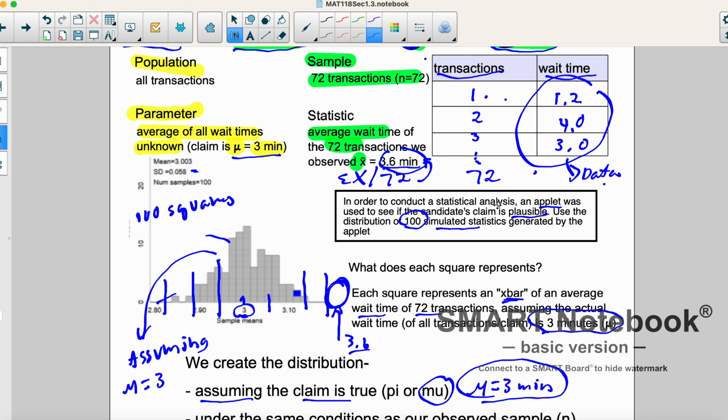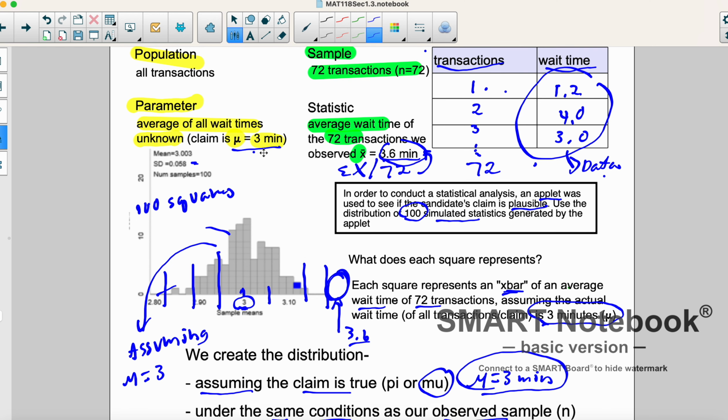So we'd say it's not very believable that the average wait time is 3 minutes, because no simulated sample statistics were at 3.6 minutes at all. Same thing down here. If I saw a statistic that was less than 2.8 minutes, I would say that's unusual. That's not in line with the actual being 3 minutes.